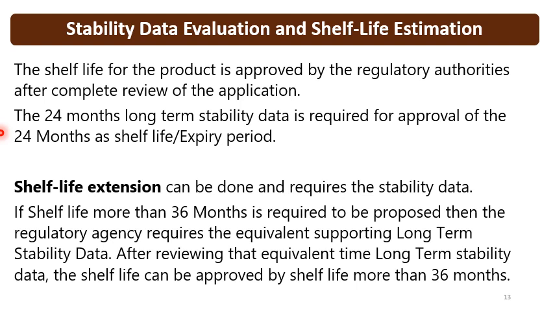If a shelf life of more than 36 months is proposed, then the regulatory agency requires the data. And only after getting that long-term stability data, regulatory bodies like FDA, EMEA, ANVISA and other country-specific regulatory authorities will approve the product with the final shelf life.